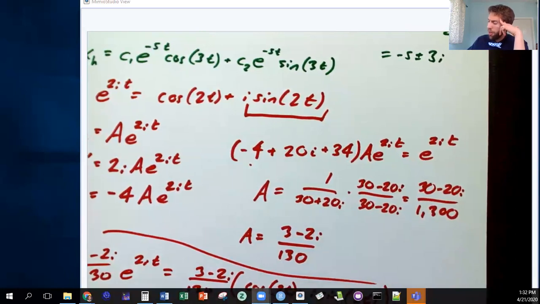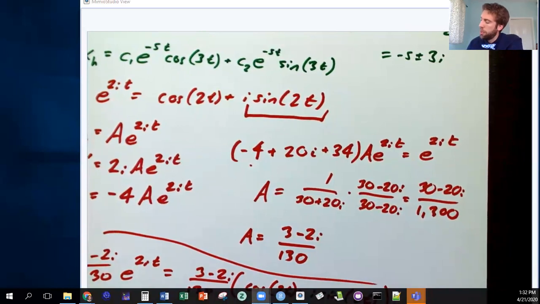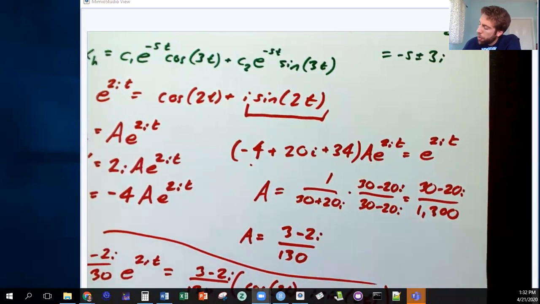Here we go. The real parts, I'm going to leave the 130 out here. You've got 3 cosine, and then minus 2i times i, so plus 2.